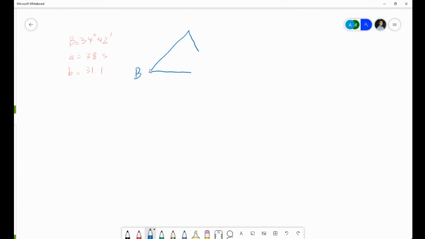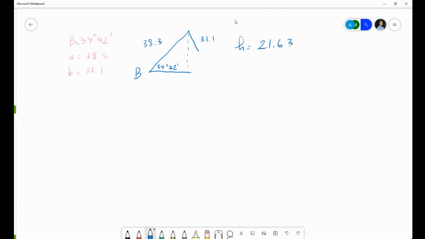So this is B, side B 31.1, this A 38.3. All righty, so we see that 31.1 is less than 38.3, so we're going to have to find a height to check. Okay, the height is going to be 21.63.